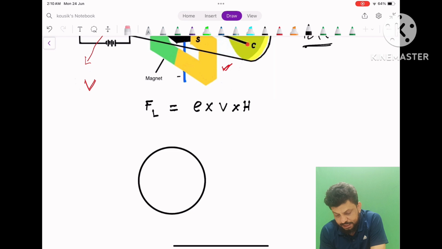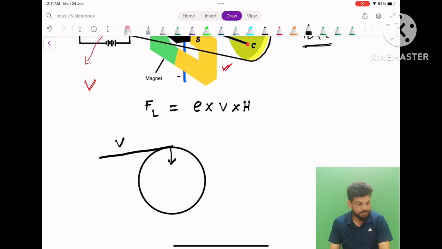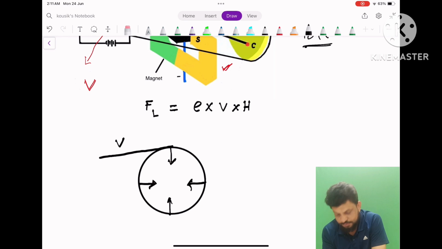Suppose the electron comes in this direction, and the velocity of the electron is v, and the Lorentz force acts in this direction. This is the Lorentz force.